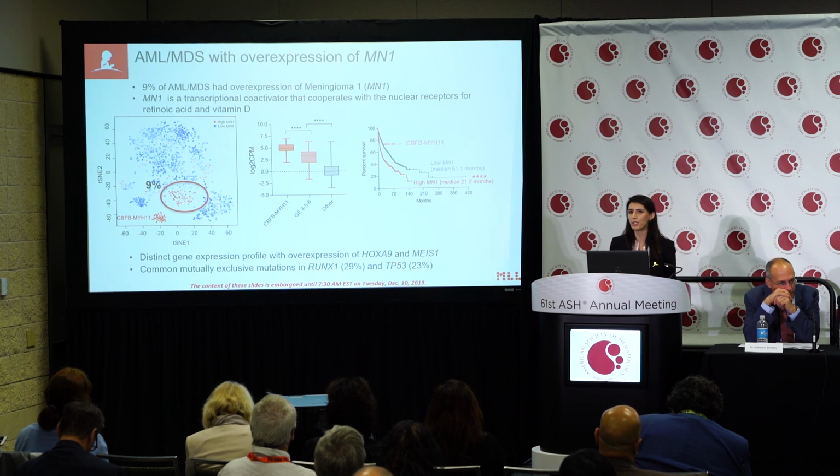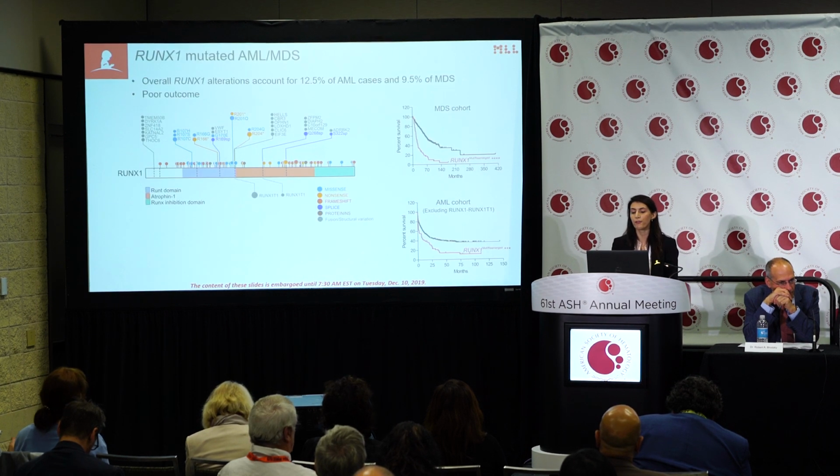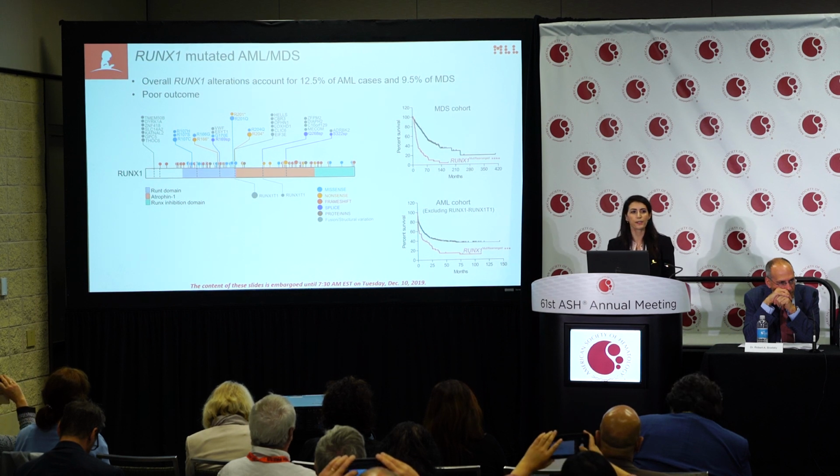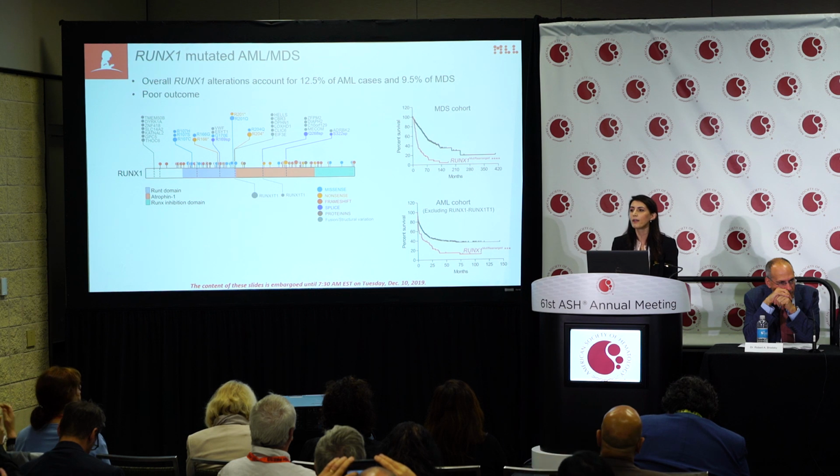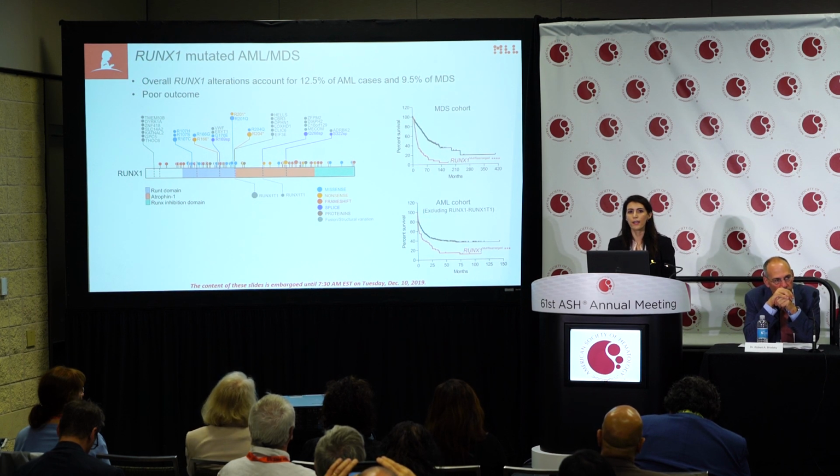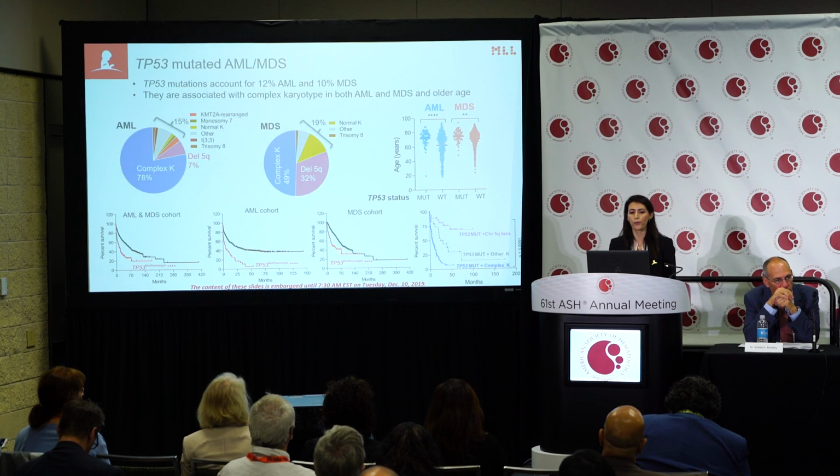So it's not only a gene, but a combination of genes that again confers a different outcome. Here we found that this group was characterized by a high frequency of mutations in RUNX1. Mutations included not only sequence variants, but also structural variations, and they impaired outcome in both cohorts.